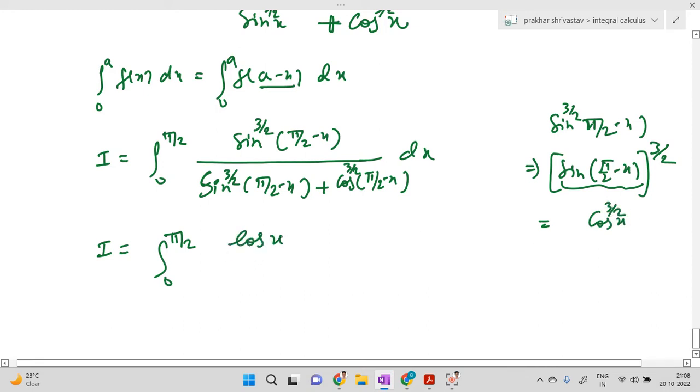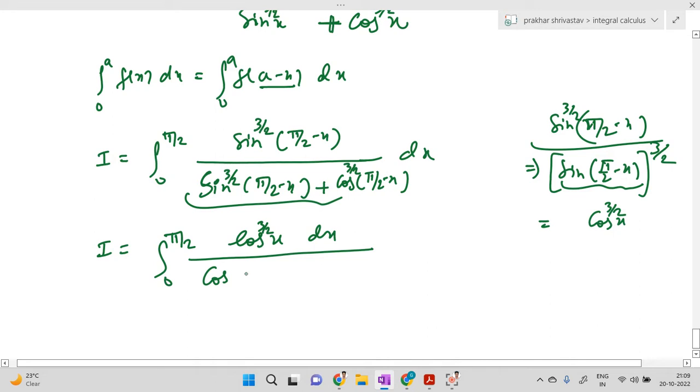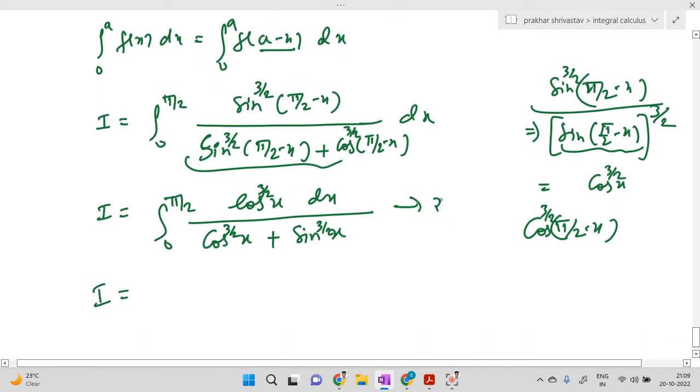Sine of pi by 2 minus x is cos x, so it is cos x to the power of 3 by 2 dx upon cos x to the power of 3 by 2 plus cos of pi by 2 minus x to the power of 3 by 2. Cos 90 minus x is sin x. So it becomes sin x to the power of 3 by 2 dx. Let it be the second equation.